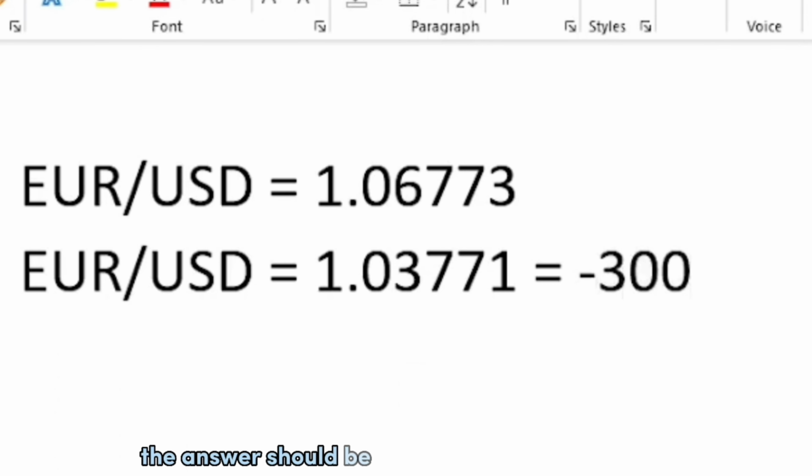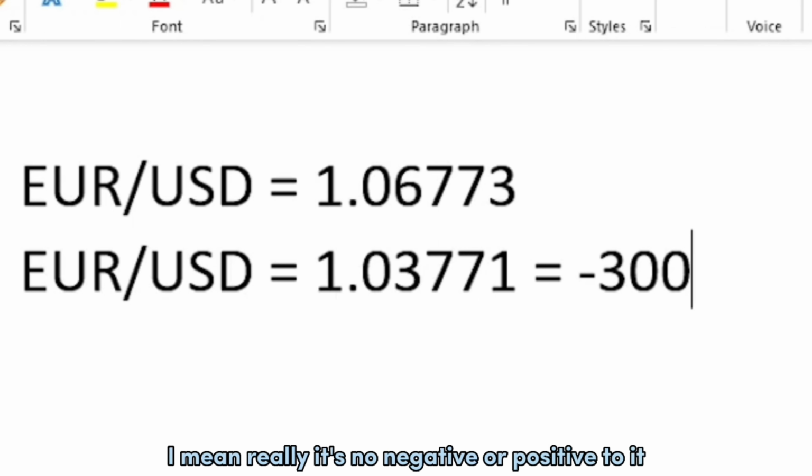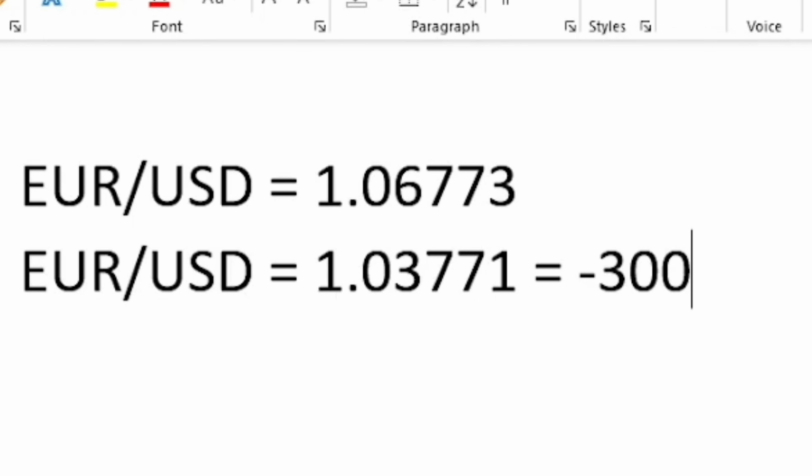The answer should be 300 pips down, or negative 300 pips. I mean, really, there's no negative or positive to it. It's just the concept of making sure that you understand that it went down and not up.